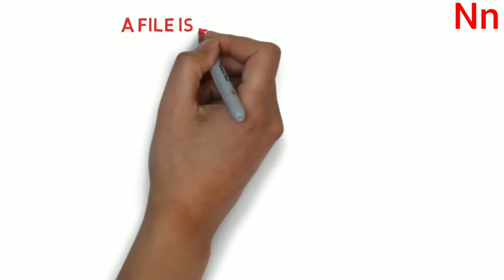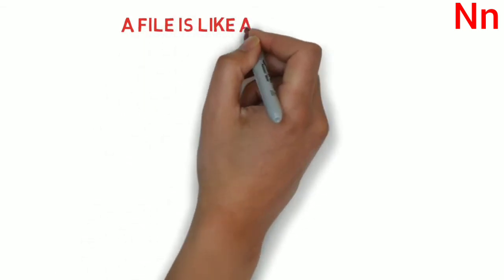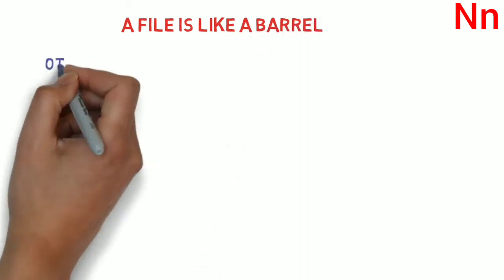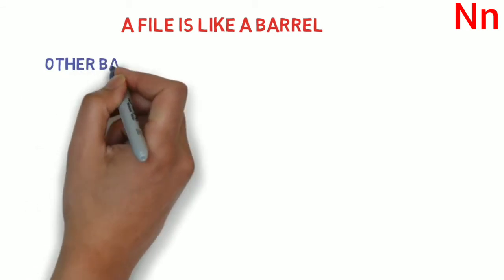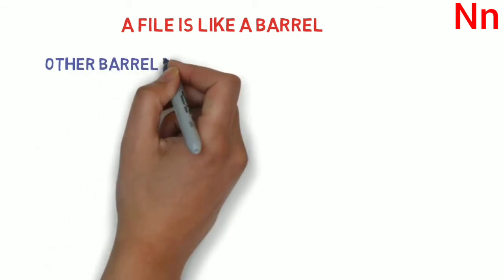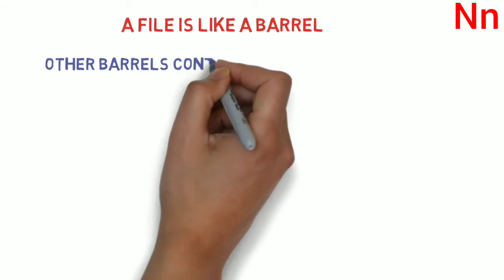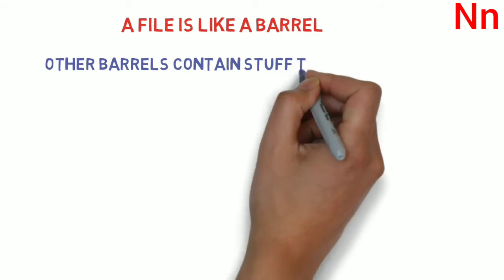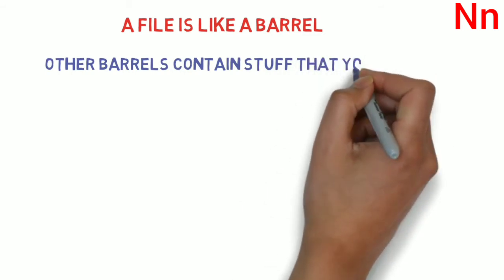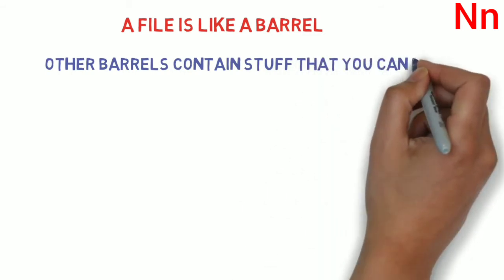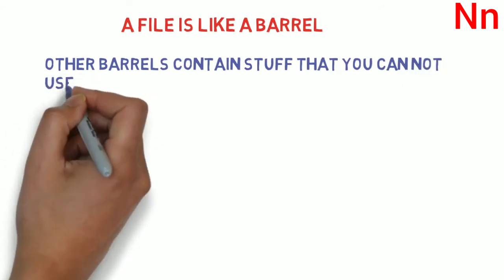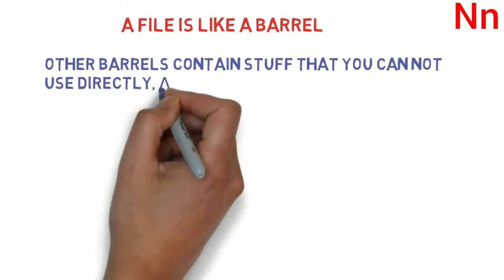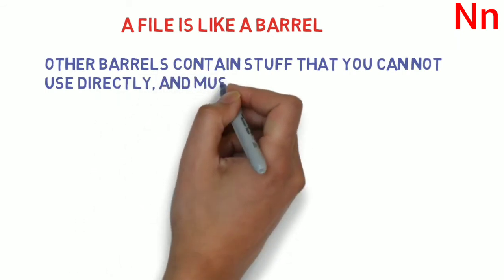The opposite of this is true as well. Just like you have barrels which contain stuff that you cannot use directly. That is, you must take it out, do something with it first, process it in some way, and turn it into a usable form.